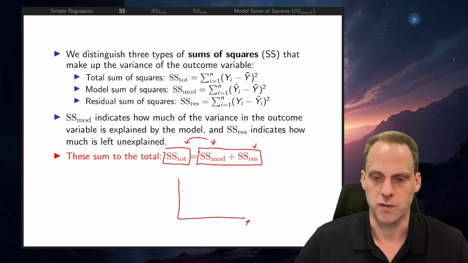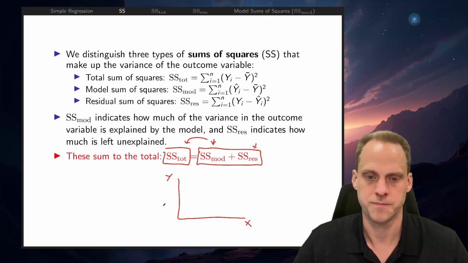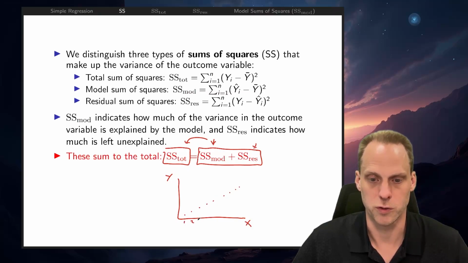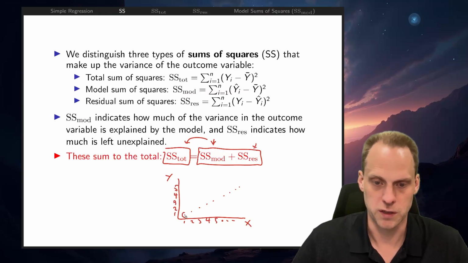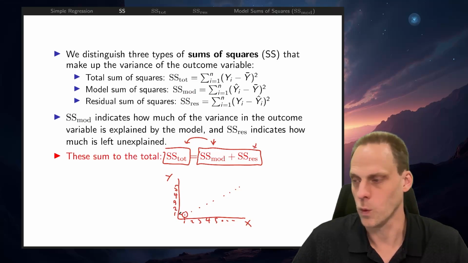So let's say we have a predictor x, some independent variable, and an outcome variable y. And suppose we measure people and we get these scores. Right, so let's say this is 1, 2, 3, 4, 5, etc. This is 1, 2, 3, 4, 5, etc. So this person here scores a 1 on x and a 1 on y.